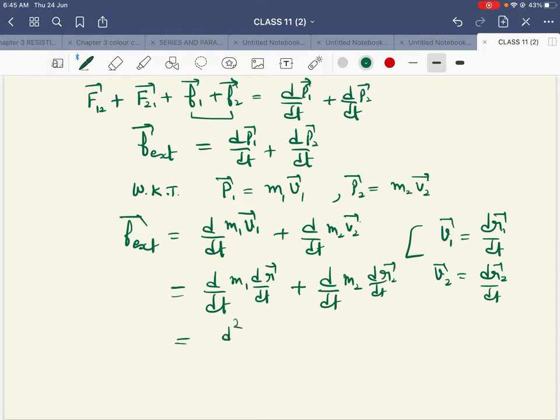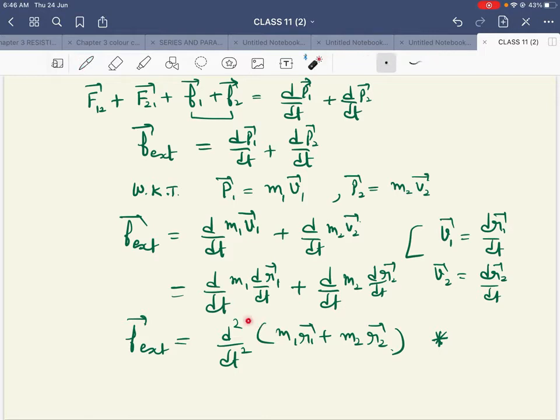Now we can take common, that is d square upon dt square of m1 r1 vector plus m2 r2 vector. This is the F external force. Now we know that in a given system there are two particles having mass m1 and m2, that is total mass will be equal to m1 plus m2. Now multiply and divide the right hand side of this equation by total mass of the system, that is m1 plus m2.